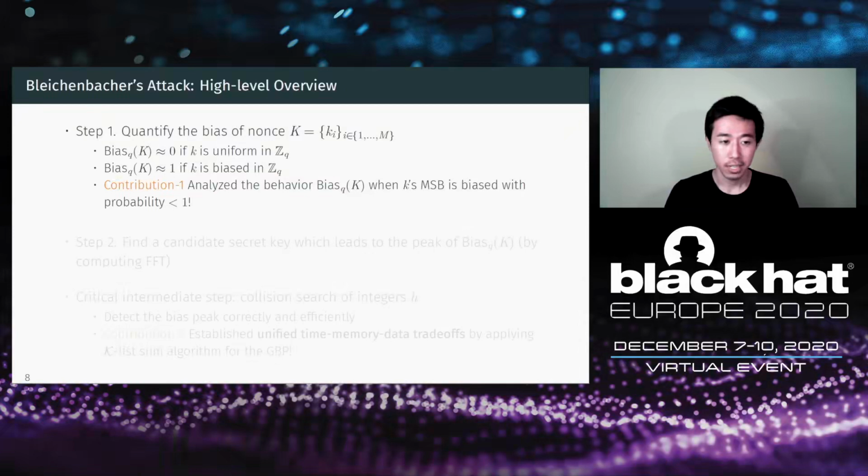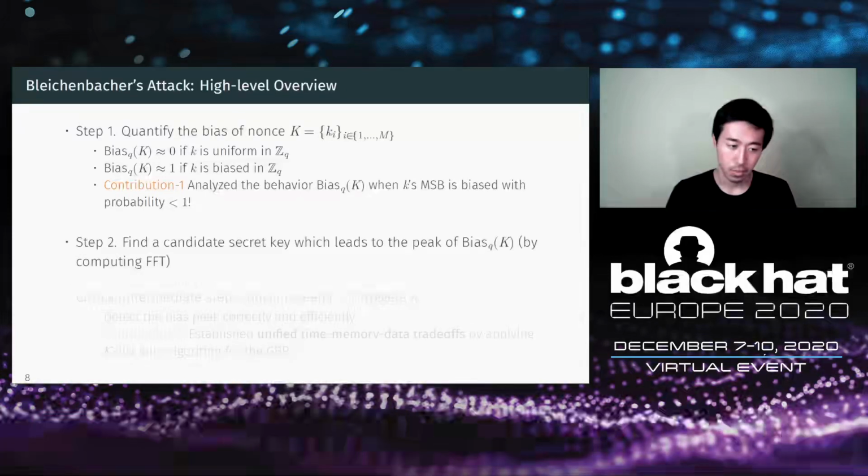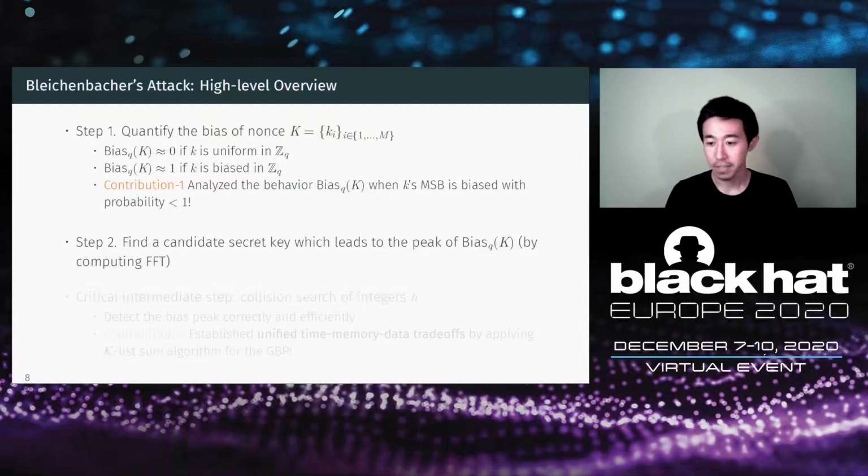On the other hand, this bias function should be something close to 1 if k is biased in Z_q. Our first contribution is that we analyze the behavior of this bias function when the most significant bit of k is biased with probability less than 1. Then the second step is to find the candidate secret key, which leads to the peak of this bias function.